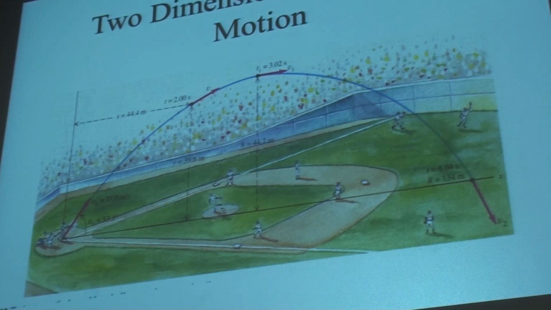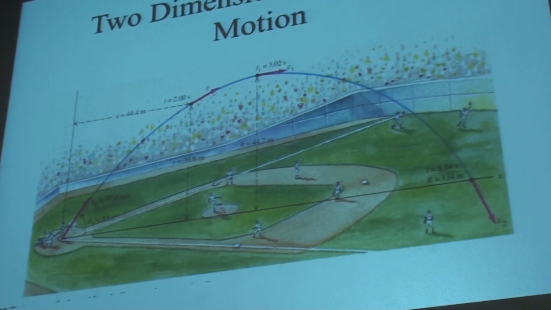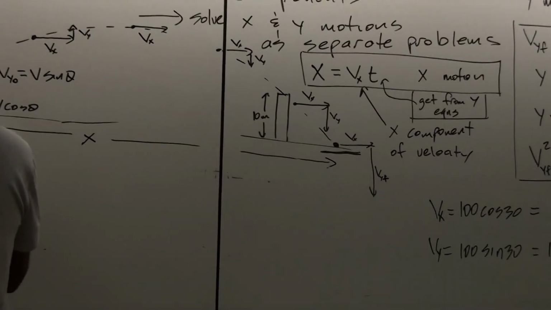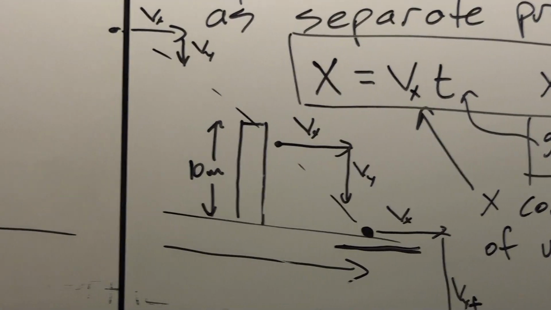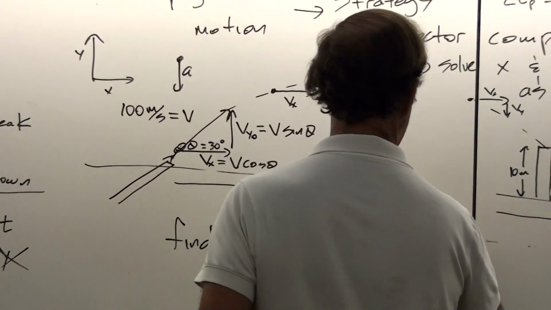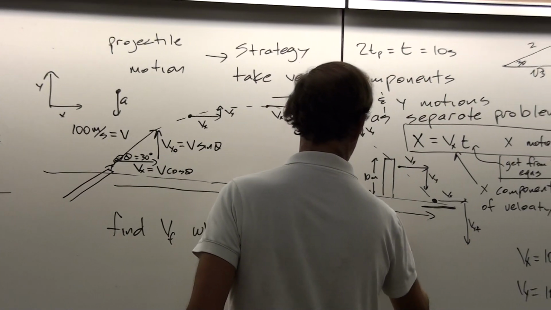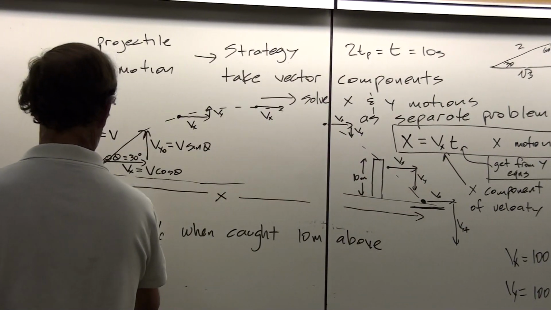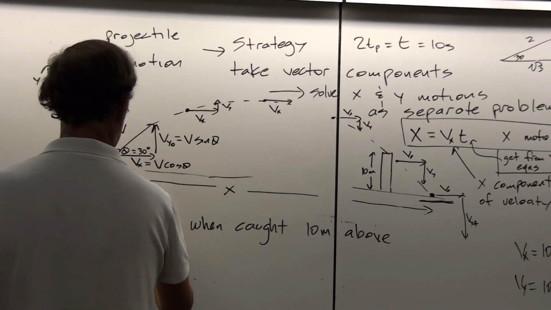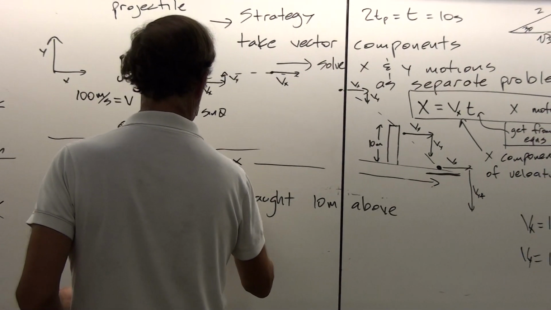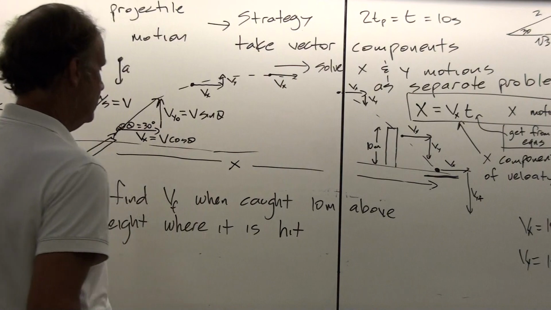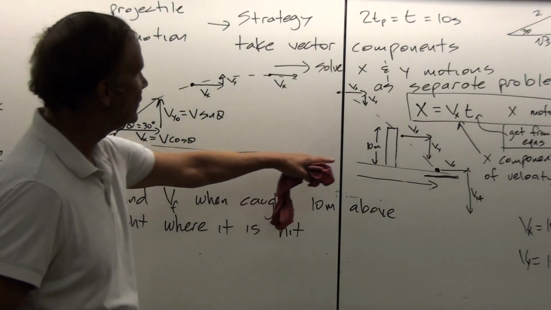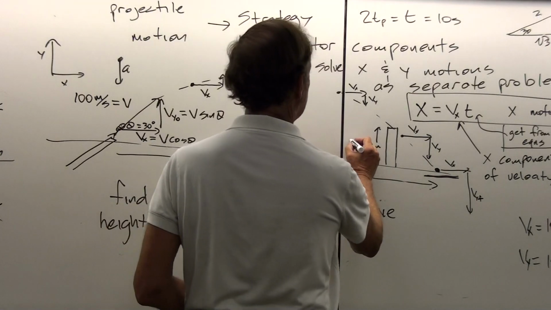And let's ask, what is the velocity of the ball when it's caught at 10 meters above the height from which it is fired, or if it's a baseball, to be hit. So this y displacement then is 10 meters.